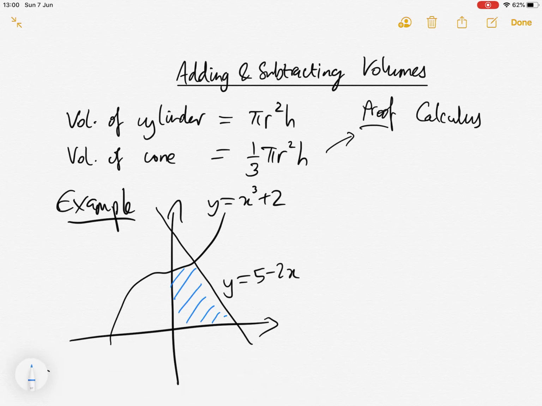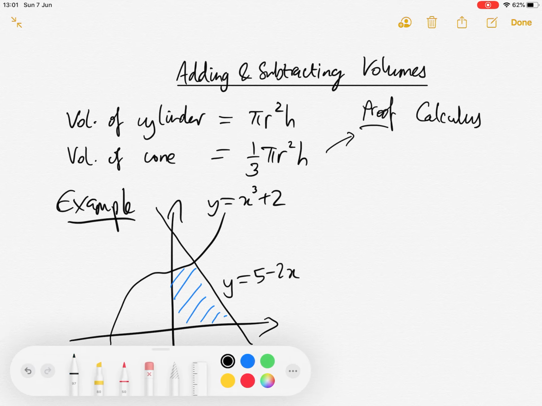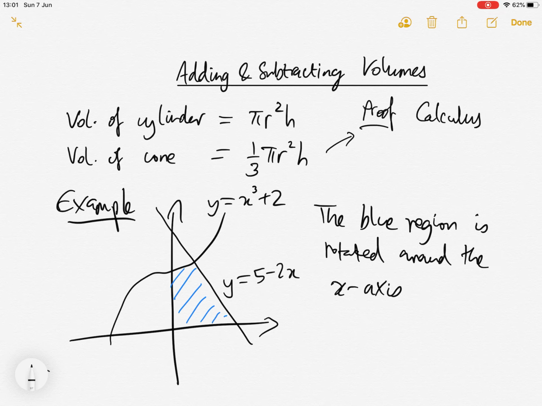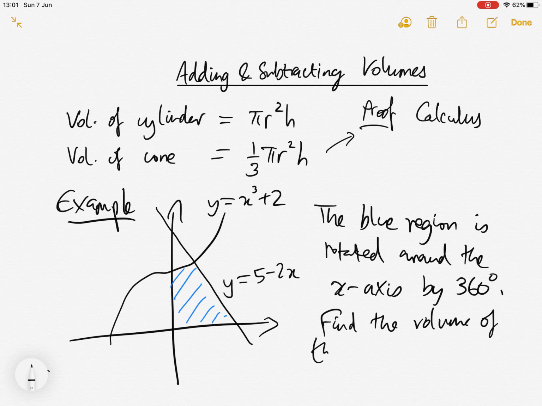And this region is rotated around the x-axis, and we want to find the volume of the solid of revolution formed. So the blue region is rotated around the x-axis by 360 degrees. Find the volume of the shape formed.